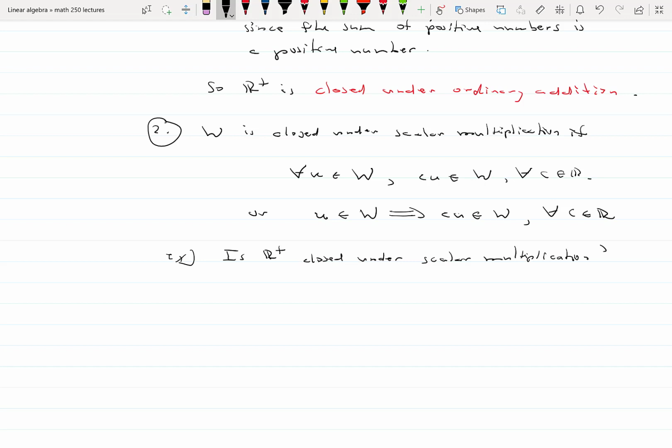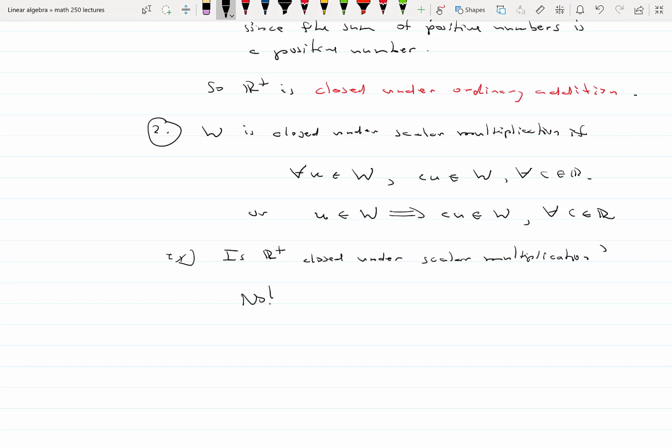Let's make it a little easier to digest than that. It says if you take any positive number and multiply it by any scalar, you get another positive number. You can't get out of the set of positive numbers. Now, if you think about it that way, it's obviously not closed. The answer is no.